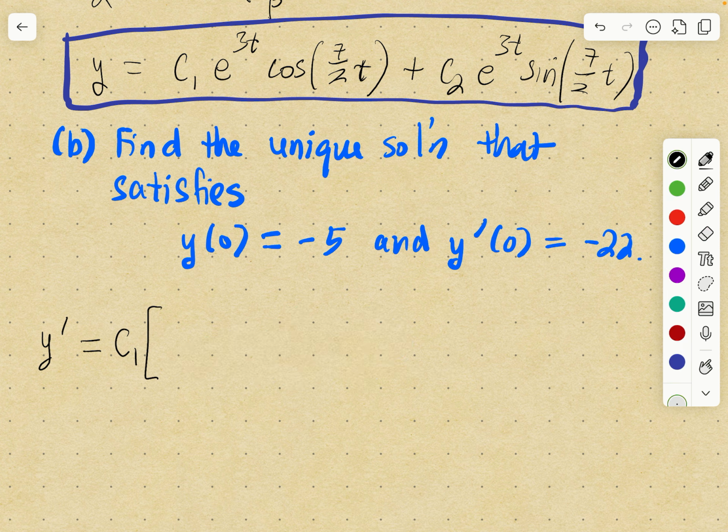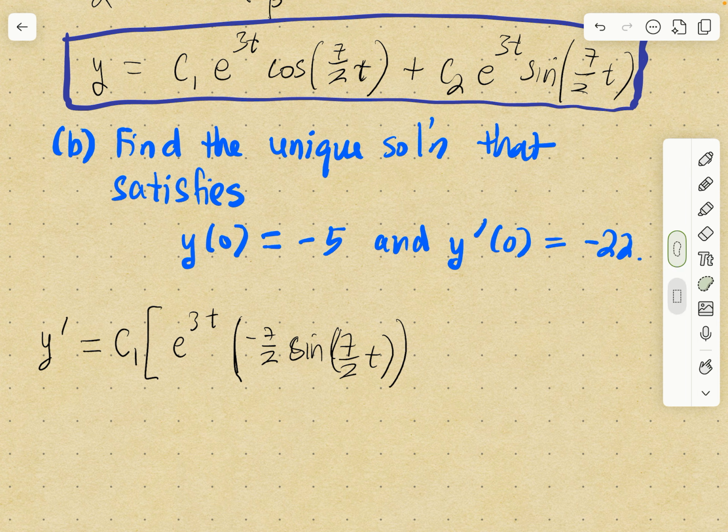The derivative of e to the 3t times cosine 7 over 2t. And that's the first function times the derivative of the second function. So it's e to the 3t times negative 7 over 2 sine of 7 over 2t. Because remember, the derivative of cosine is negative sine, right? And where does this 7 over 2 come from? It came from the chain rule because I had to take the derivative of 7 over 2t.